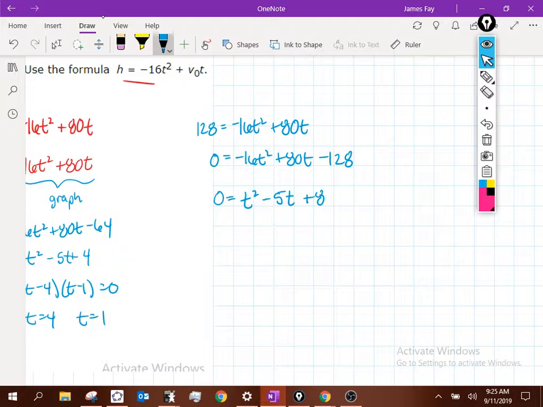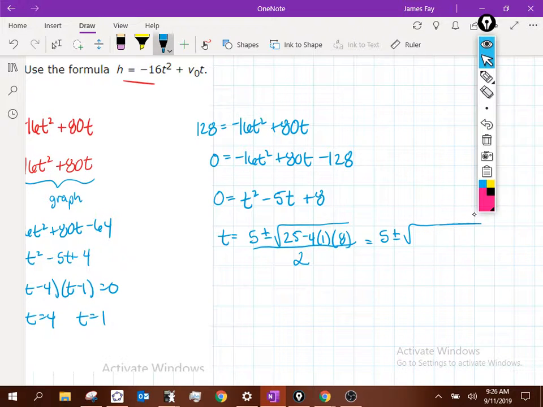Two numbers that multiply to give me 8, but add to give me negative 5. There are none. So then I turn to this thing, which gives me 5 plus or minus the square root of 25 minus 32, negative 7, all over 2, right?